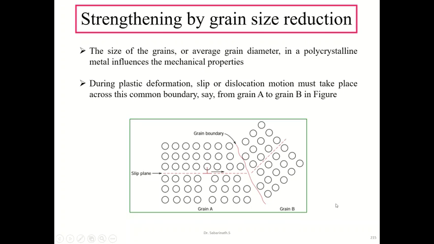In this figure, during plastic deformation, slip or dislocation motion must take place across the common boundary, say from grain A to grain B.